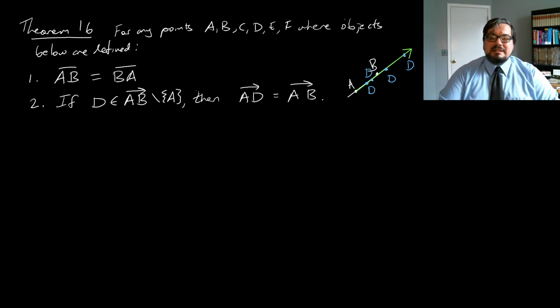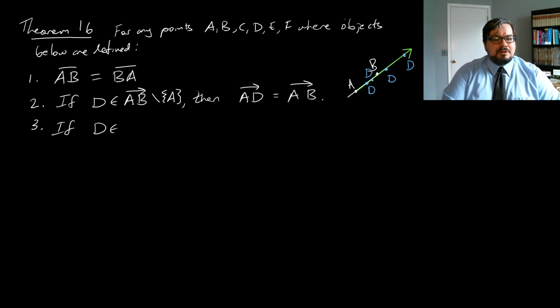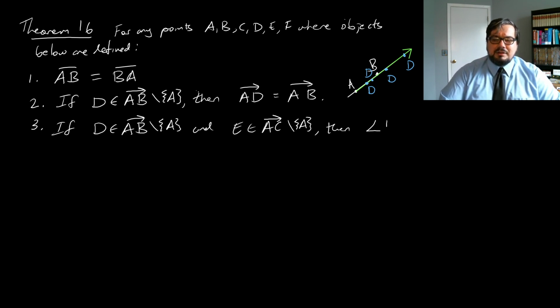So the point B really doesn't matter when defining the ray. All that matters is that you choose some point that's on that line on the correct side of A. Similarly, if D belongs to the ray AB but is not A, and E belongs to the ray AC, but again is not A, then the angle BAC equals the angle DAE.